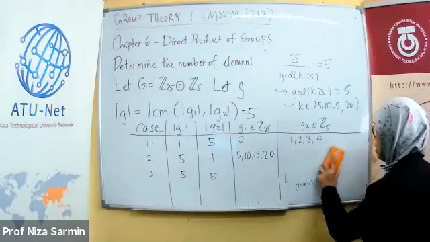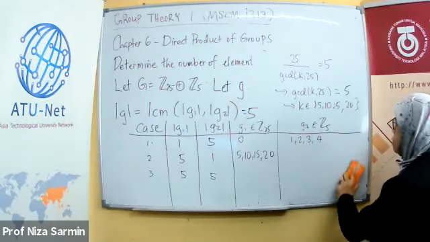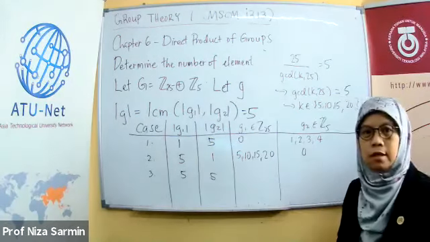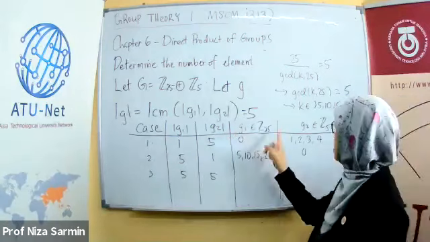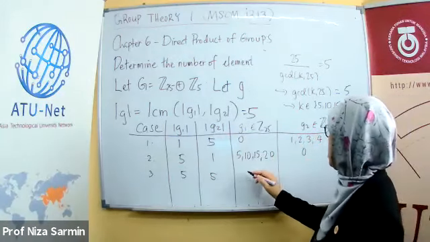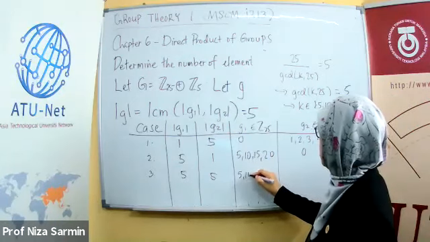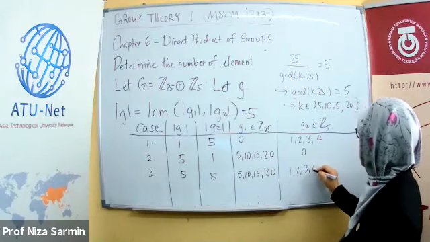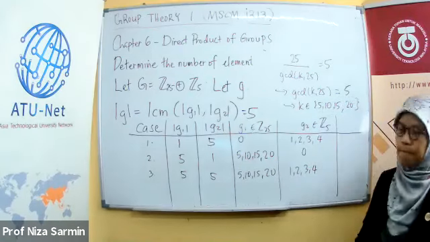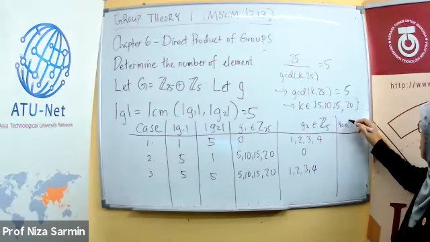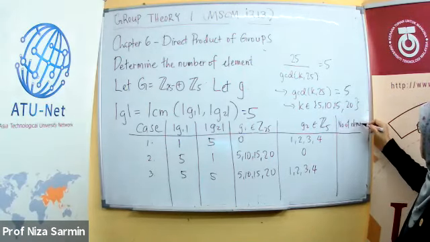Okay? The rest is easy because order 1 in Z5, there's only identity. This one you just copy. Okay, so number of elements.